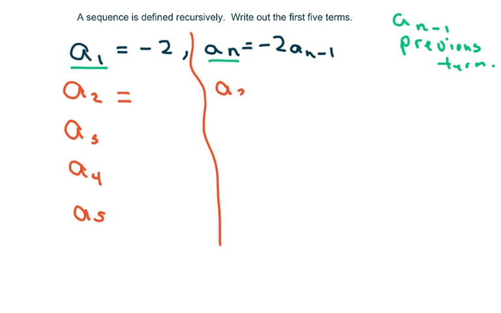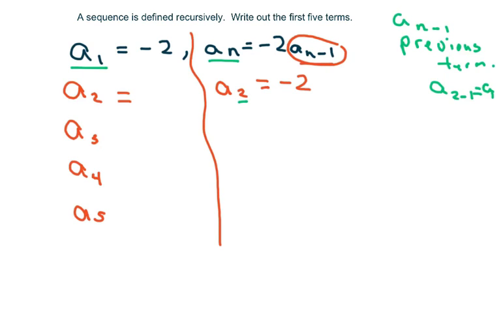The first term is negative 2. Now, just look at this for a minute. Because our n is 2, a sub 2 minus 1 is a sub 1. So basically, it's just the previous term.